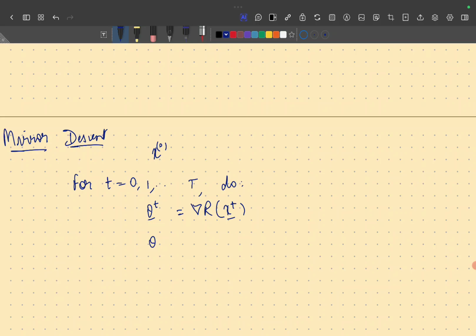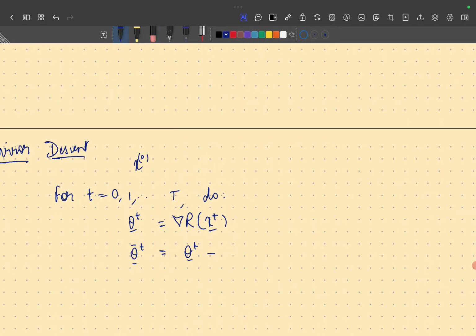Then theta bar t is going to be equal to theta t minus eta times the gradient f of xt.